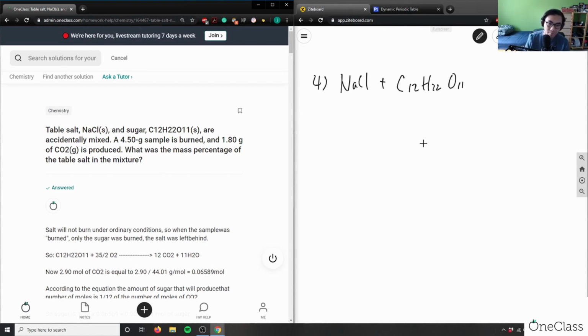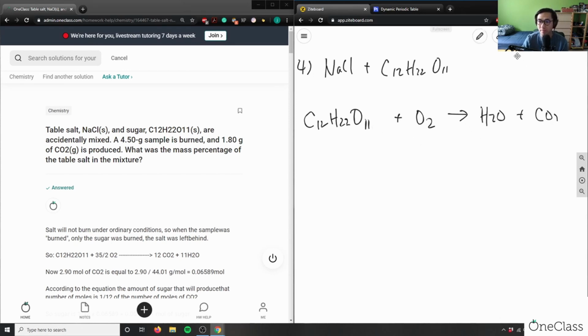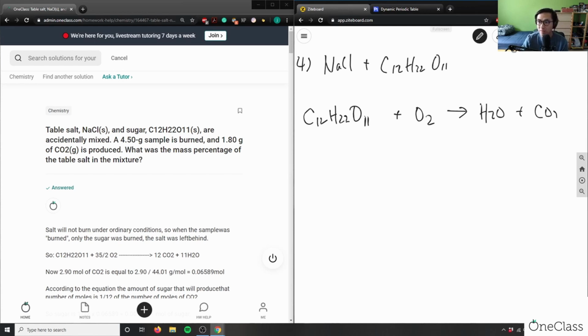So a chemical reaction we can write is with sugar here, C12H22O11 plus oxygen gives us, I'm going to assume it's a complete combustion, this equation here. We have sugar plus oxygen, and burning it gives me water and carbon dioxide. I can balance this chemical equation as well.